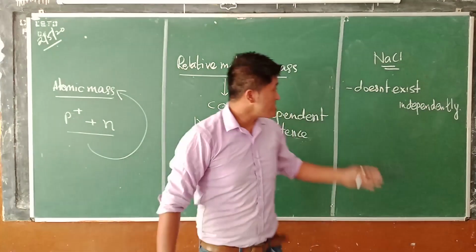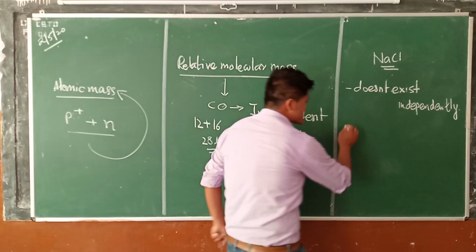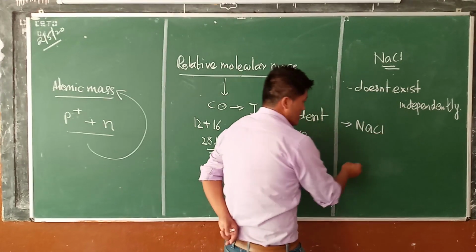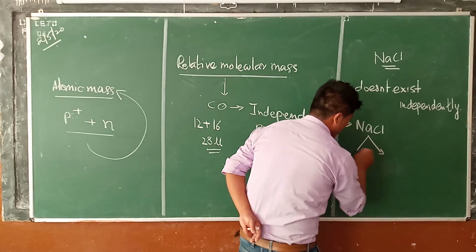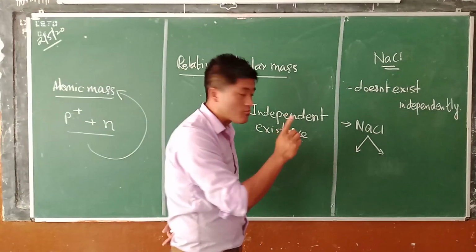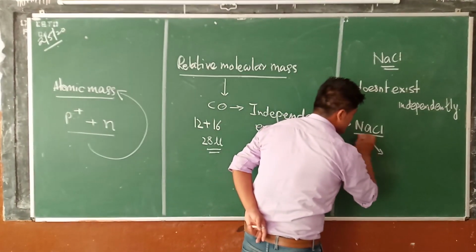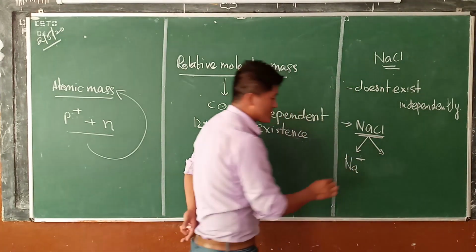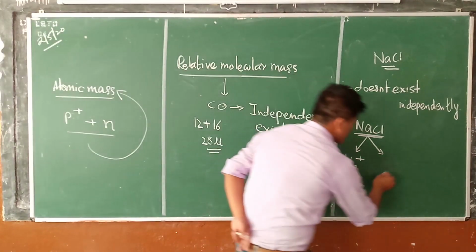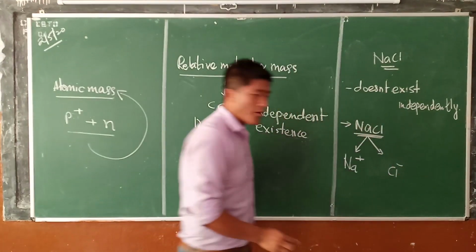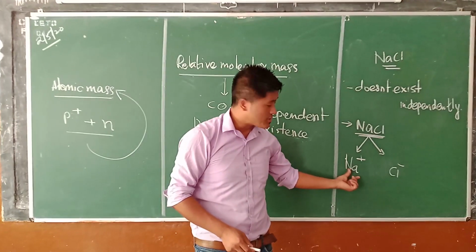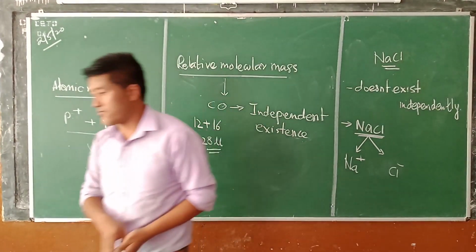Secondly, in the case of NaCl here, you can find two different kinds of ions. That is, in the case of NaCl, what we can conclude here is there is a presence of Na plus and there is a presence of Cl minus. I hope I don't have to repeat that once again, because we have discussed this particular topic in the ions chapter itself, right?